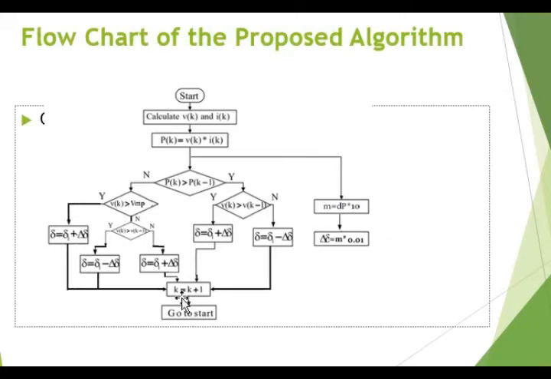Here is the complete proposed algorithm. We measure the voltage and current of the PV module, calculate the power and compare it with the previous power. If it is higher, check the voltage. If the voltage is higher than the previous one, increase the duty ratio, otherwise decrease it.